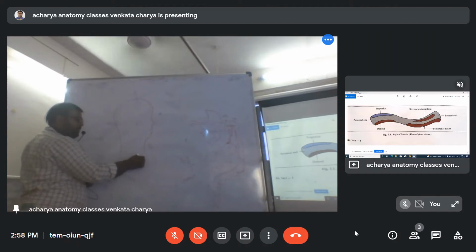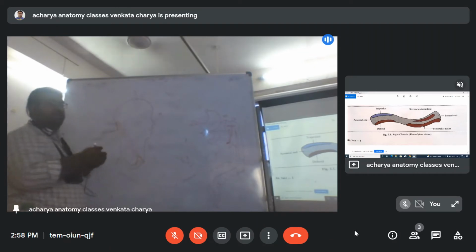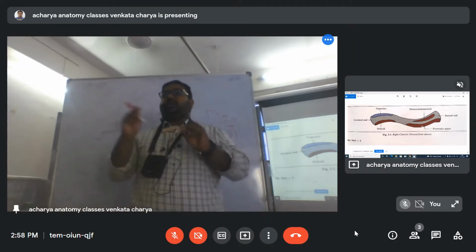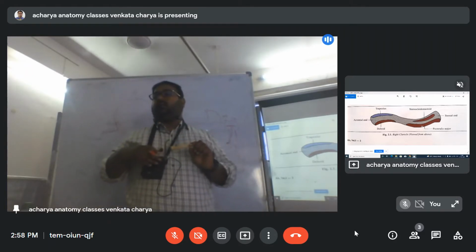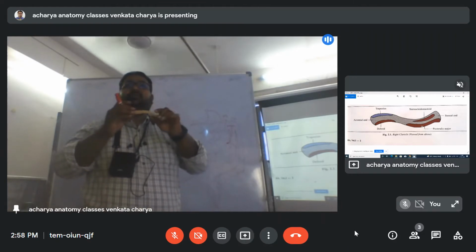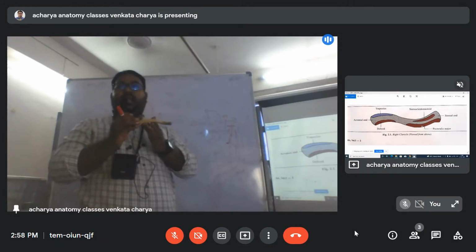So sternal head, clavicular head runs up to the mastoid process. So this muscle we call sternocleidomastoid muscle. Here the origin, which head? Clavicular head of the sternocleidomastoid originates from the superior surface of the medial two-thirds of the clavicle.